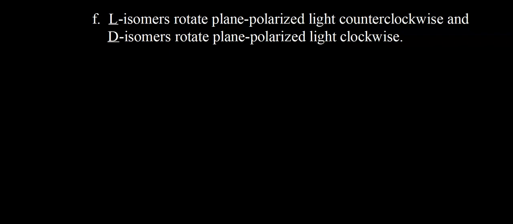So just know that one enantiomer will rotate plane polarized light one direction, and the other isomer will rotate plane polarized light a different direction. That is literally the only difference between those substances. Everything else is exactly the same.